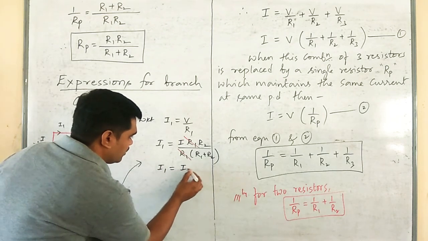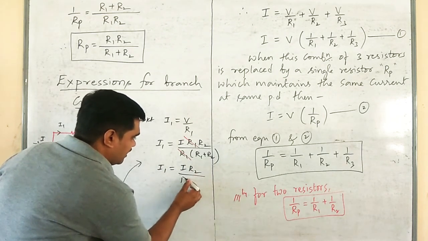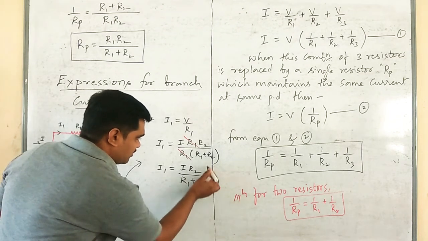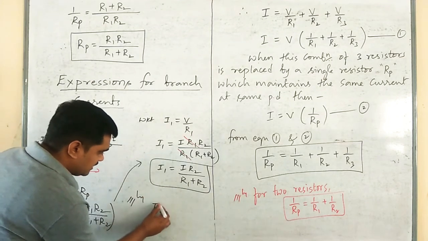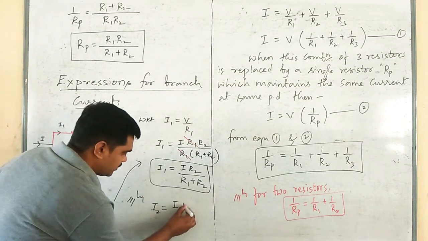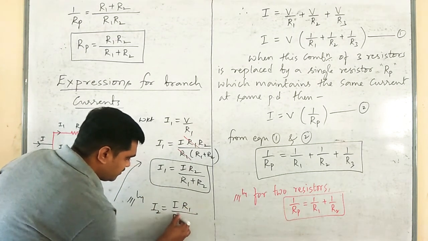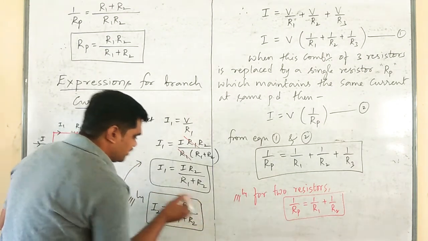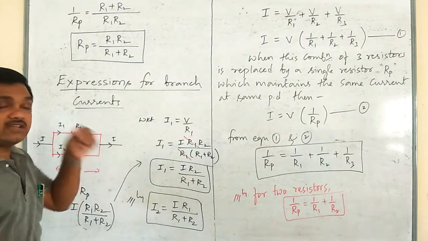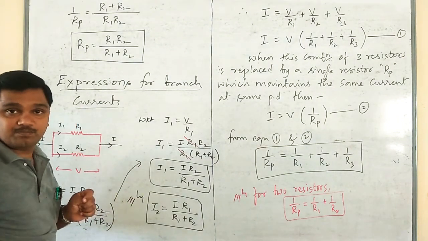I1 is equal to I R2 divided by R1 plus R2. And similarly, we get I2 is equal to I R1 divided by R1 plus R2. These two are said to be the branch current formulae.